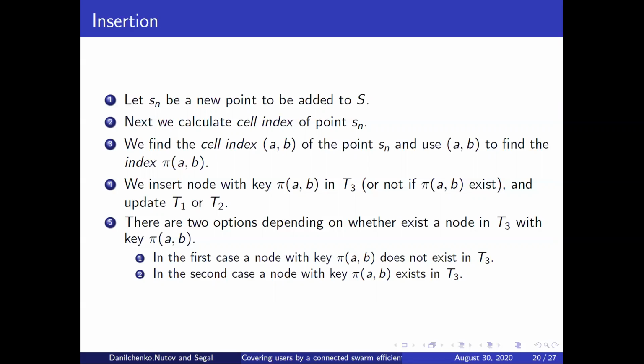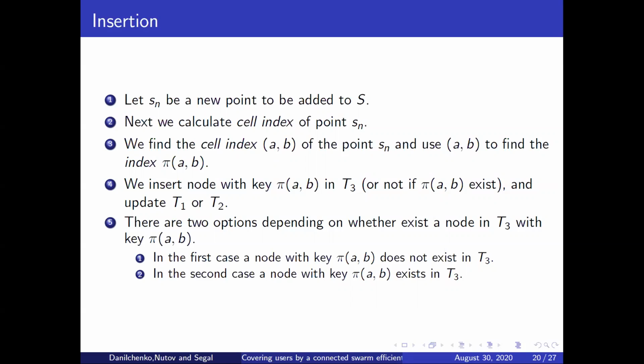We insert a node with key pi AB in T3, or not if pi AB exists, and update T1 or T2. There are two options depending on whether a node in T3 with the key pi AB exists. In the first case, a node with key pi AB does not exist.